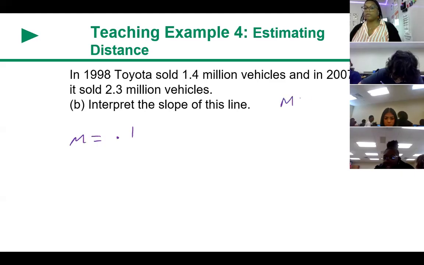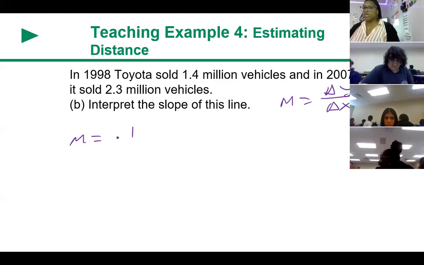Well, remember your slope equals the change in your y over the change in your x. Your y values represent the number of vehicles sold, in millions. So your y are your millions of vehicles, correct? That's what your numerator represents. Your denominator is your time, your years, right? The amount of time it takes.